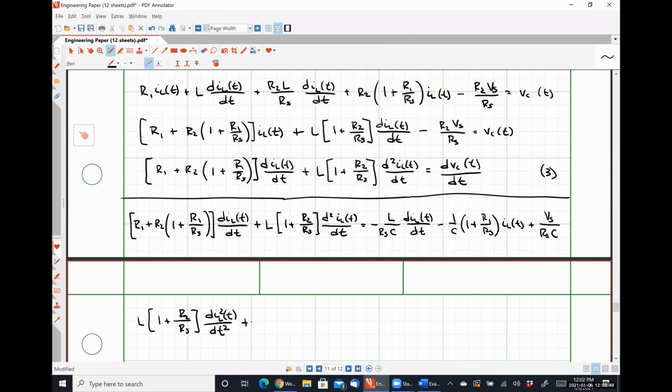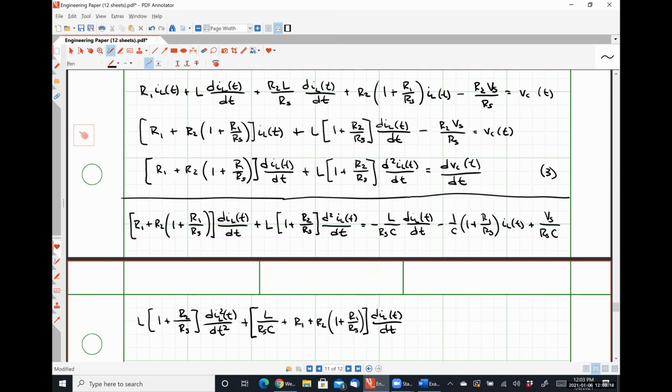For our first derivative term, we are going to have L over RSC plus R1 plus R2 times 1 plus R1 over Rs times the derivative with respect to time.